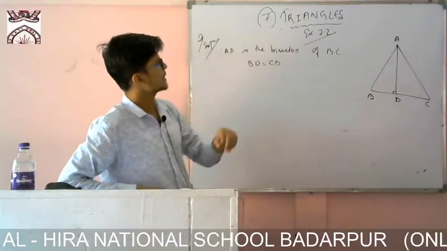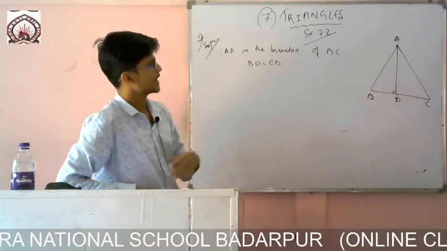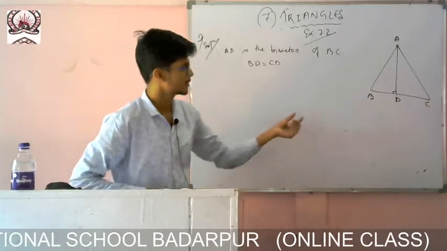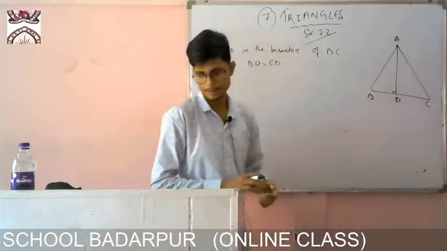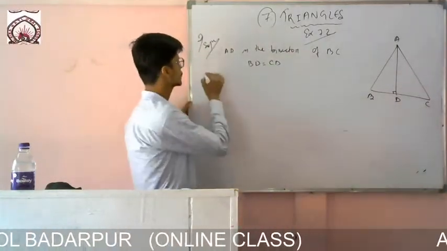Since AD bisected BC, this part will be equal to that part. Okay, so now let me take two triangles.